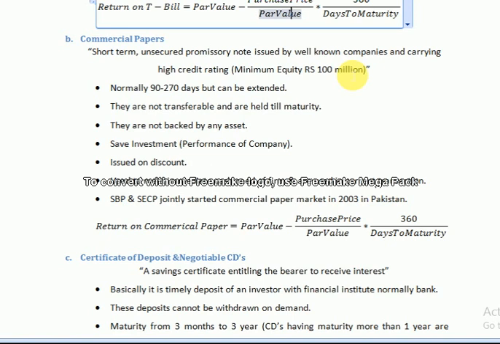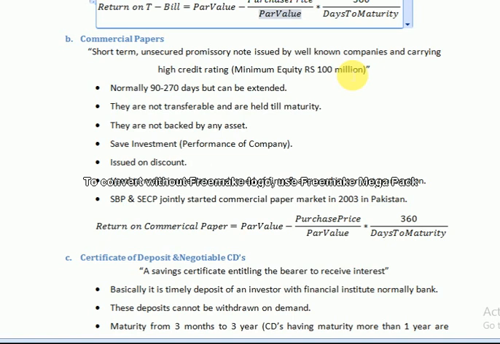Commercial papers are issued at a discount rate with the face value, clear, and this is mostly a short-term investment. It is unsecured as compared to T-bills, and the formula to calculate returns on commercial paper is the same as for T-bills: par value minus purchase price divided by par value multiplied by 360 divided by days to maturity.